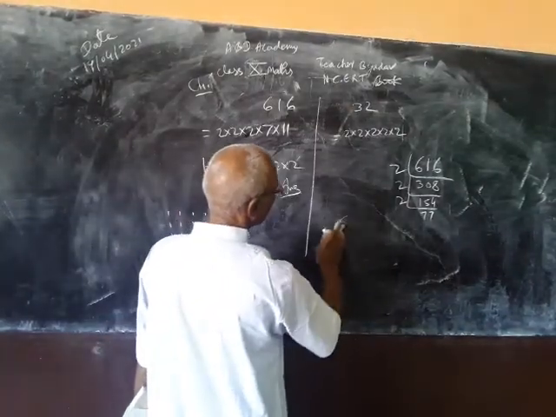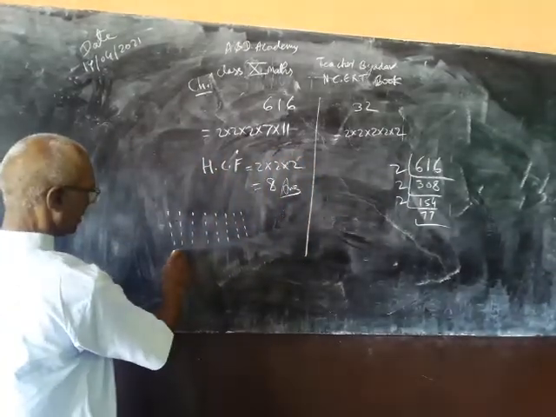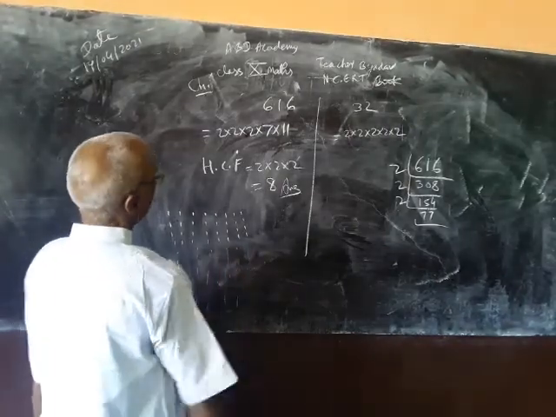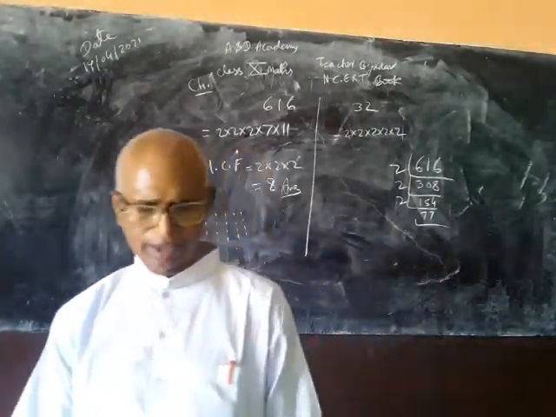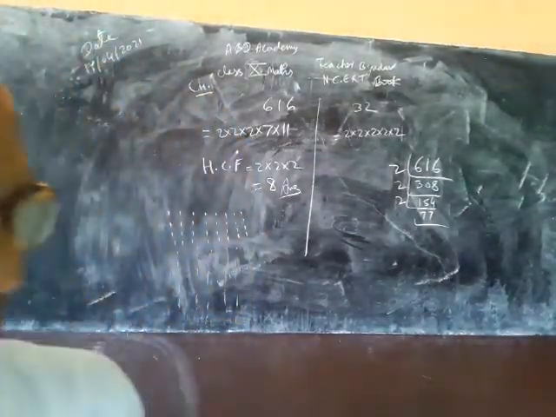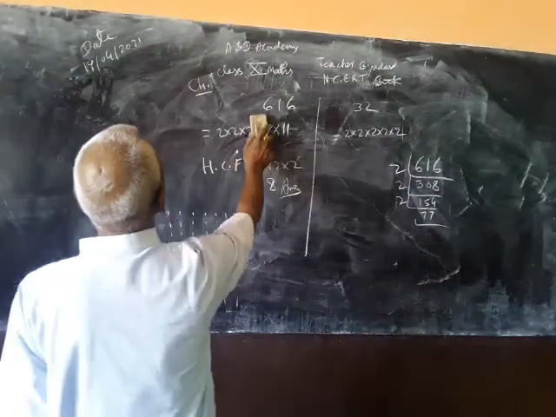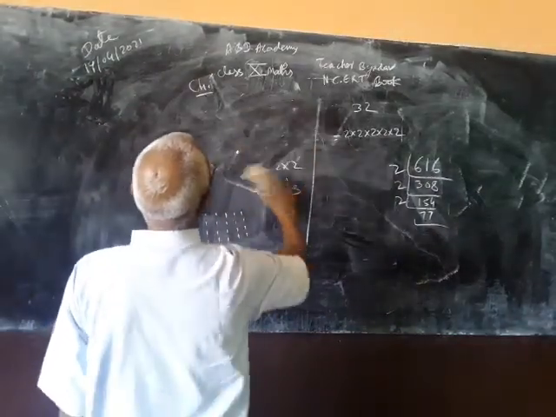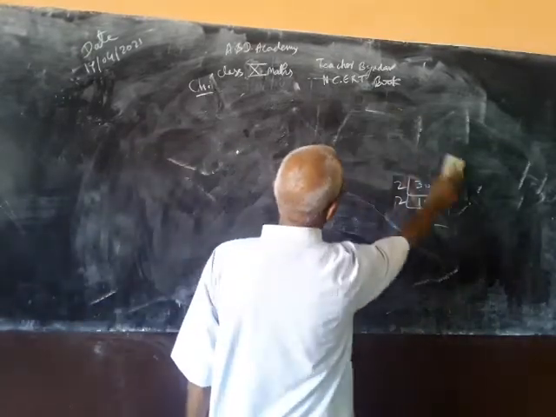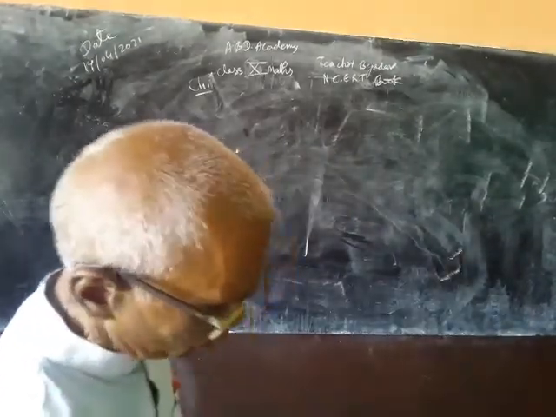So when 616 is divided by 8, it comes 77, and behind these 77 rows of the army contingent will come. This is a practical question, and these questions were somewhat different from the R.S. Agrawal book, so I thought I should complete these new sums so that the students can understand the variation in the units.